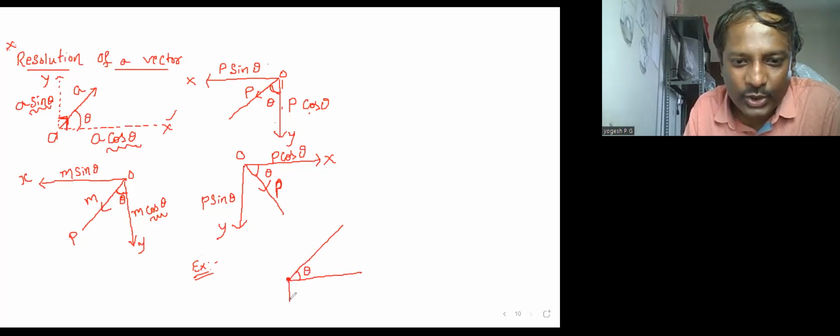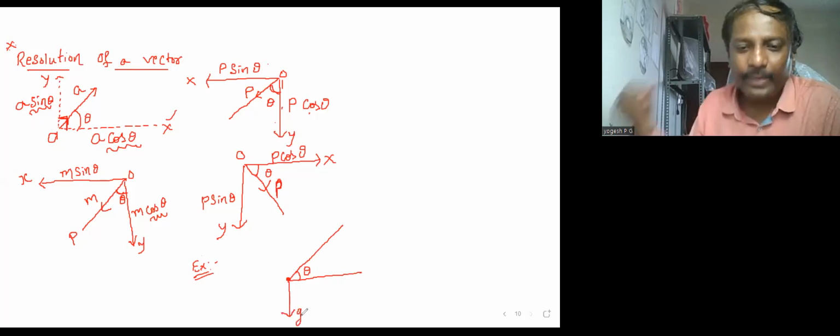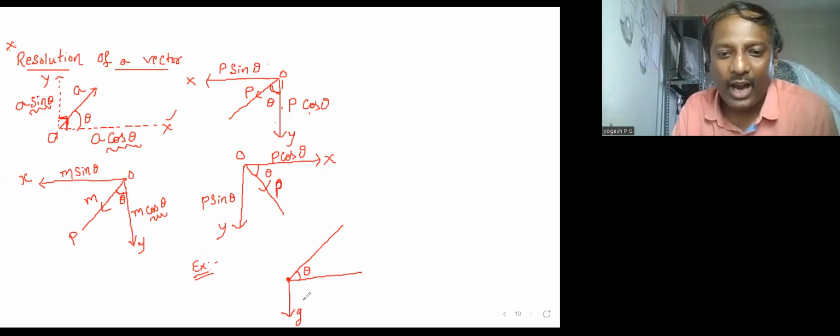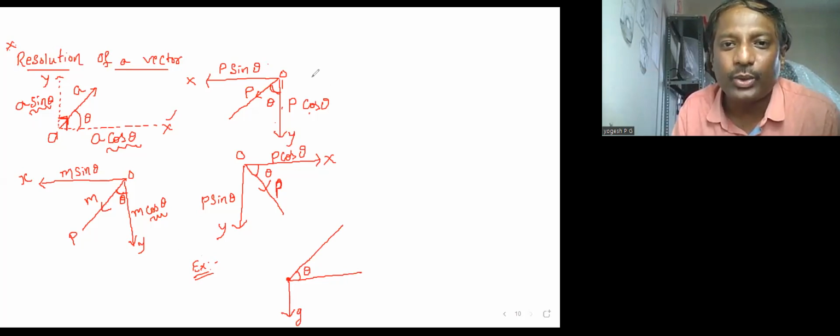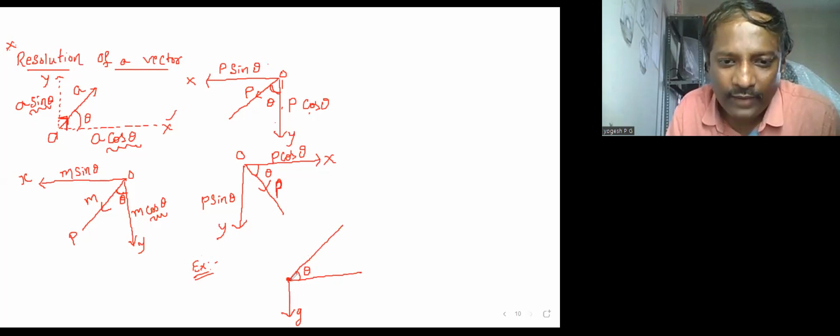At this point, I will show downward, that is G. I want to resolve G into two components. One is like this, and the other one is perpendicular to that. This is OY. This is OX.